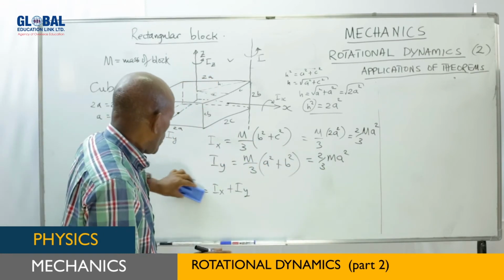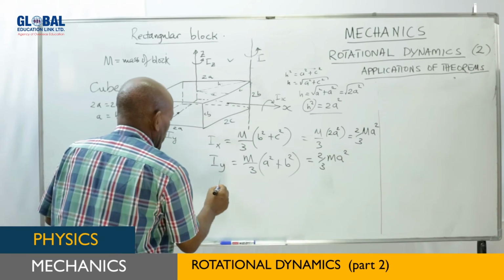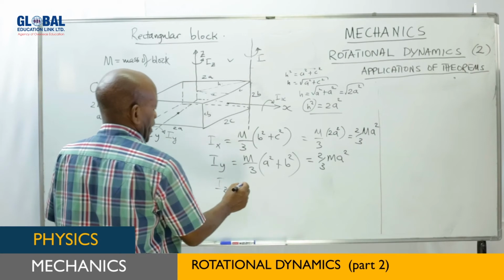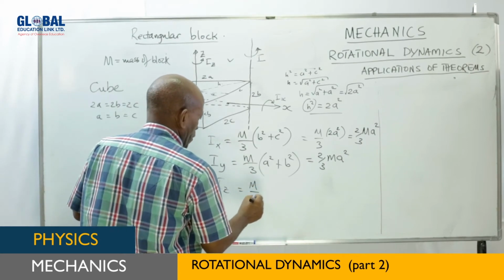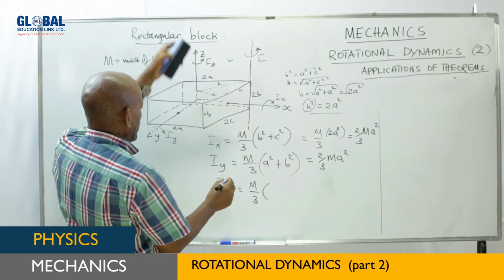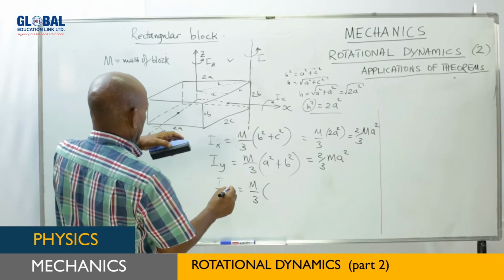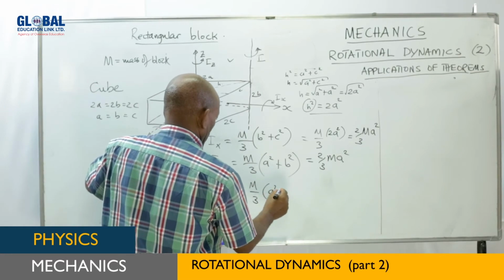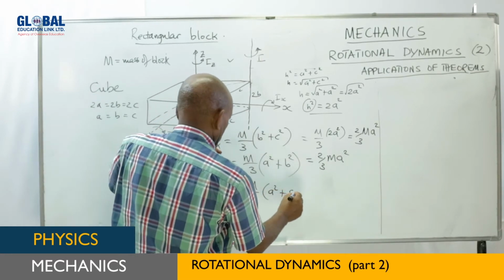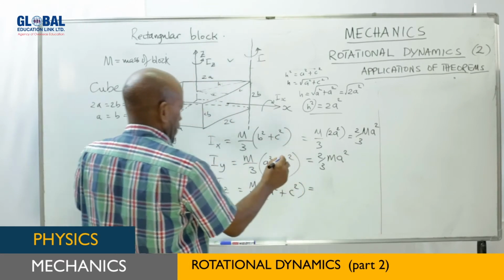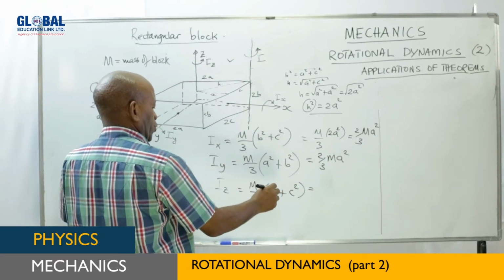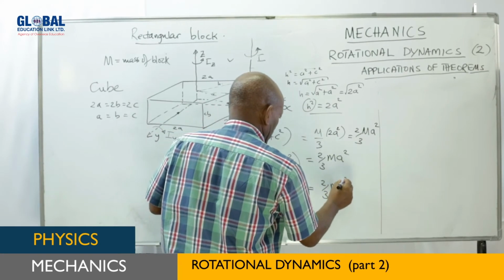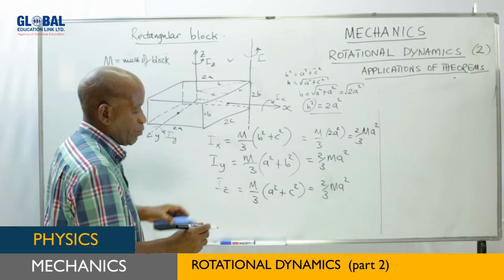So the moment of inertia through the z-axis will also be equal to m over 3 times a squared plus c squared. If a is equal to c, then this will be equal to 2 over 3 m a squared, if I'm talking about a cube.